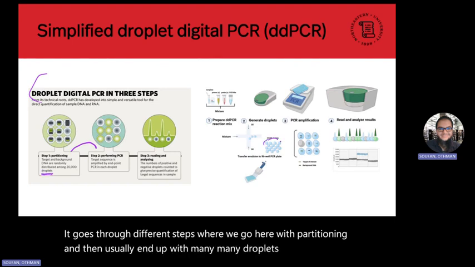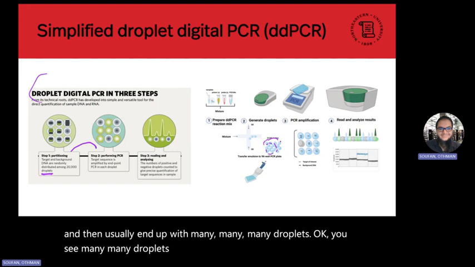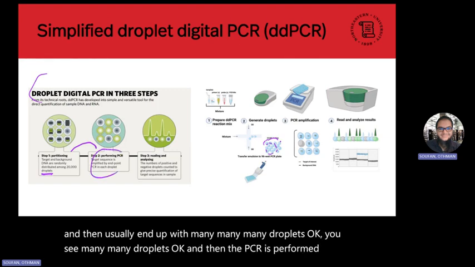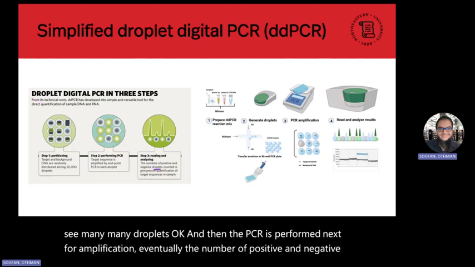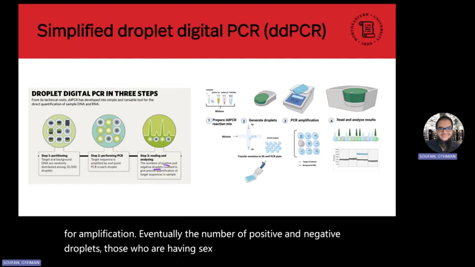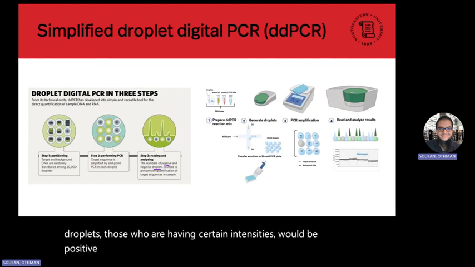Then the PCR is performed next for amplification. Eventually, those droplets having certain intensities would be positive, and those with no intensities would be considered negative.